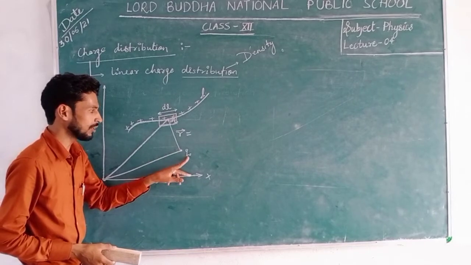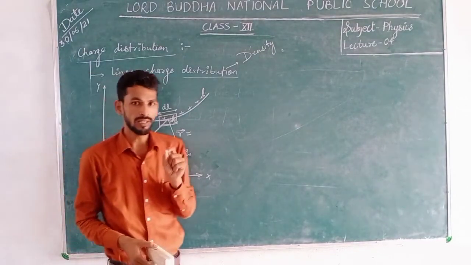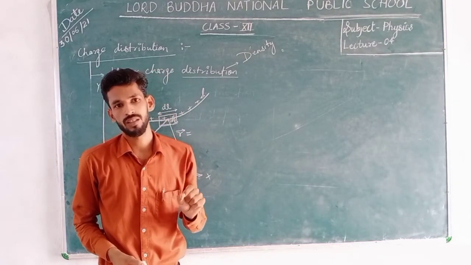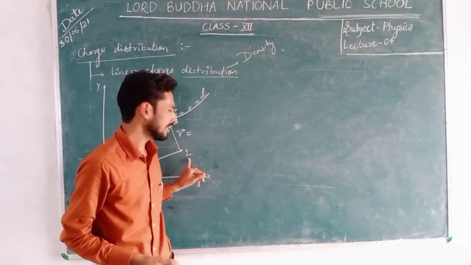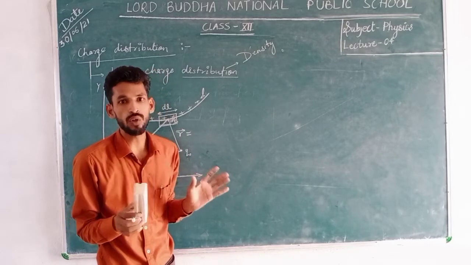Simply, I will define what q naught is: the positive test charge. The positive test charge is an imaginary charge which does not exist in reality. It is a testing charge which has no electric field of its own.